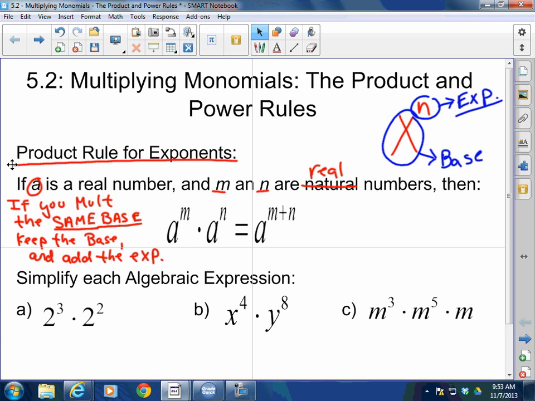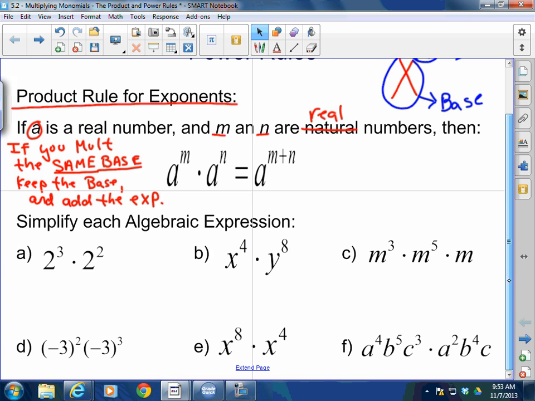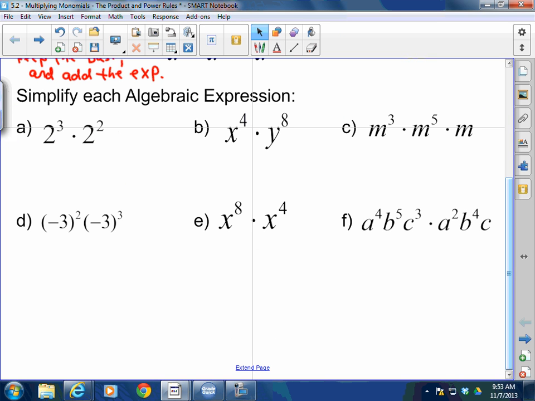So when I'm multiplying the same base, you're going to keep the base and add the exponents. For example, 2 cubed times 2 squared. 2 and 2, the same base, so I keep the base and add the exponents. 2 to the 5th: 2, 4, 8, 16, 32.